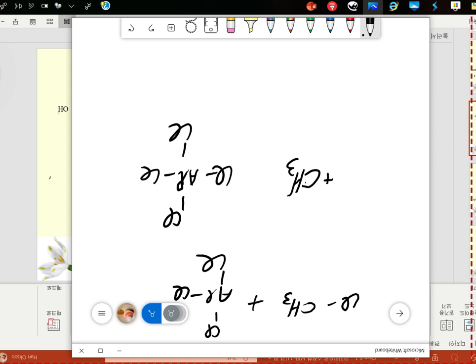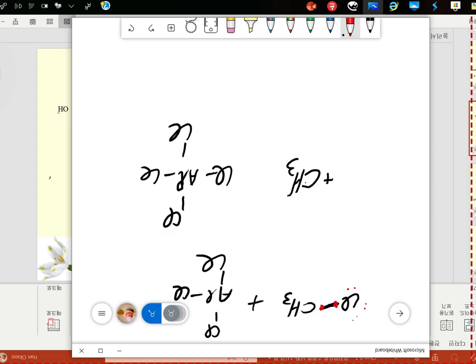Now here we know the electronegativity. Let's focus on this bond, and I'll use the red color here. We have two electrons here to make one bond, and we have four pairs of non-bonding electrons on the chlorine.